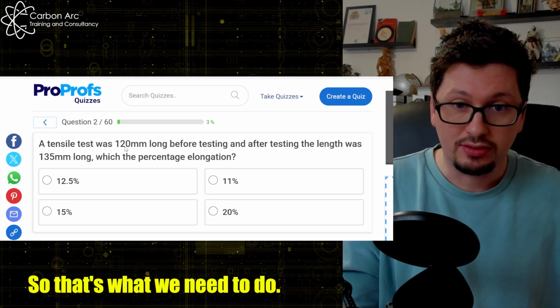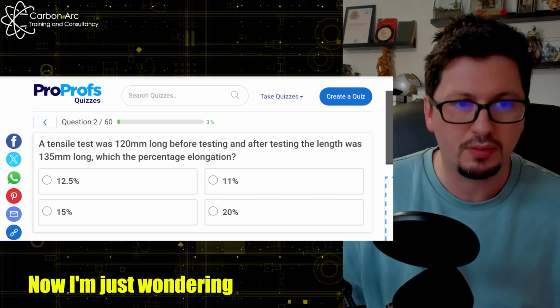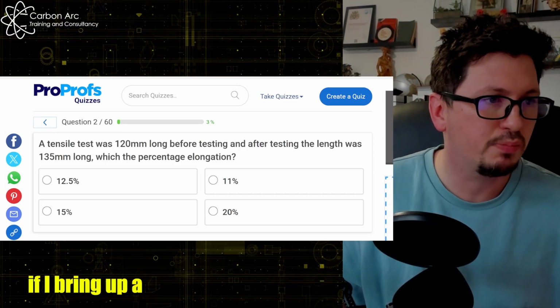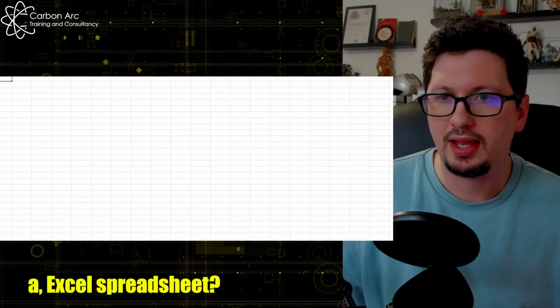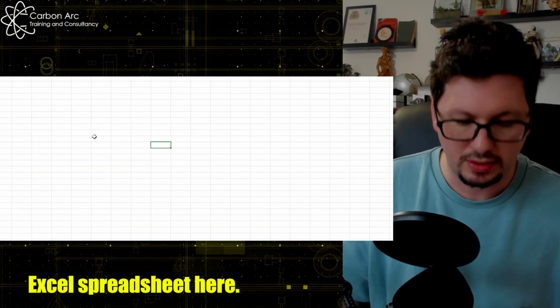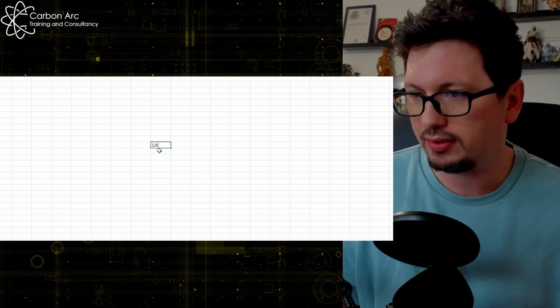So that's what we need to do. We need to do a little bit of maths. Now I'm just wondering, can we do this on an Excel spreadsheet? Yes, so we've got our Excel spreadsheet here. Let's zoom in on that.